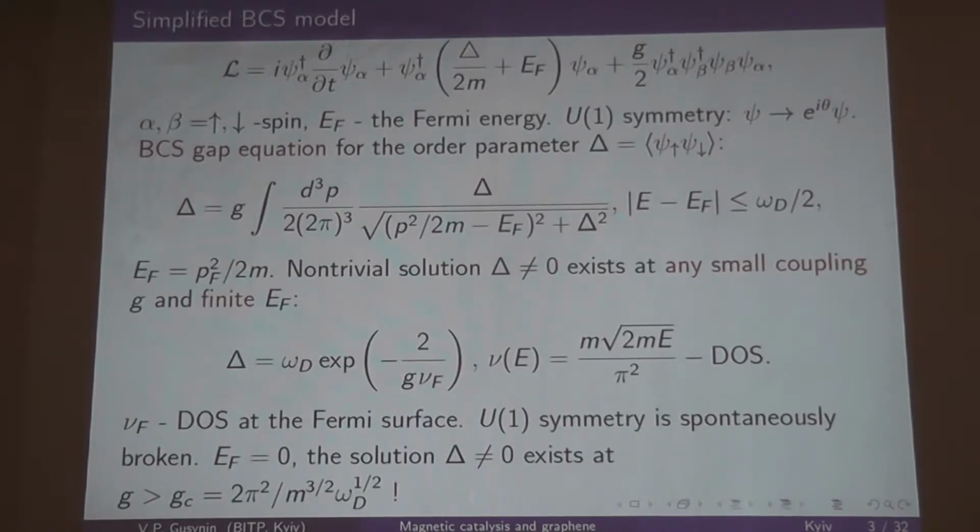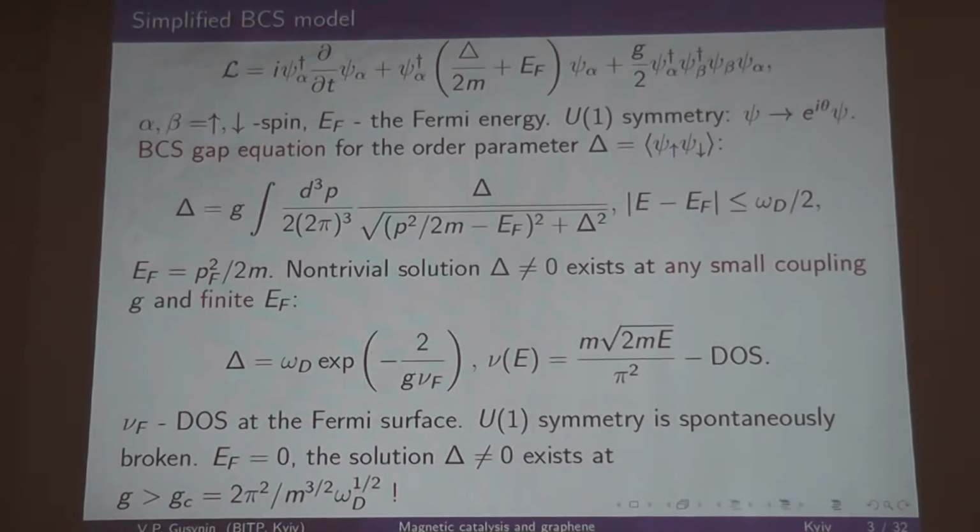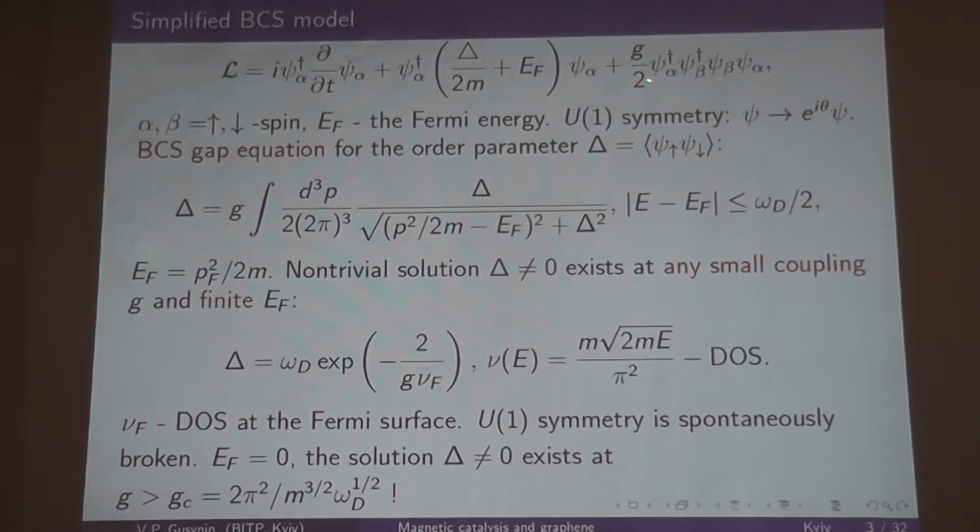So let us start from this simplified BCS model. A very simple Lagrangian. This is local. Simplified means that I use a local interaction with coupling G, the electron-phonon interaction.